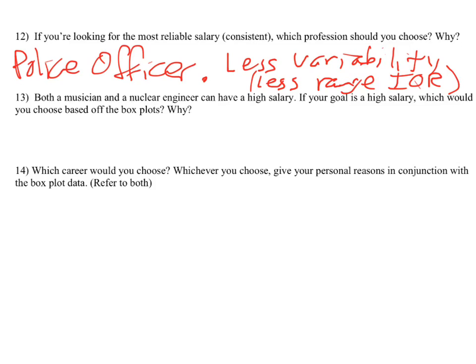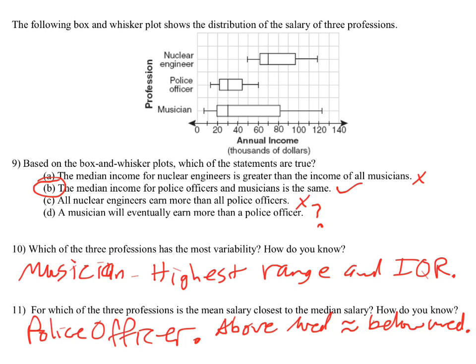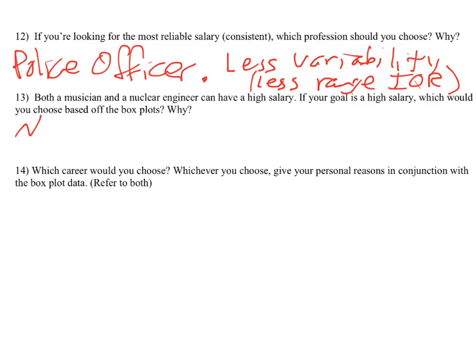Both musician and nuclear engineer can have a high salary. If your goal is a high salary, which would you choose based off the box plots and why? Well, it's true that the musician can earn more. This is a much wider range of values. So if your goal is to earn more money, you don't want to like take a gamble with it necessarily, and so you'd want the nuclear engineer.